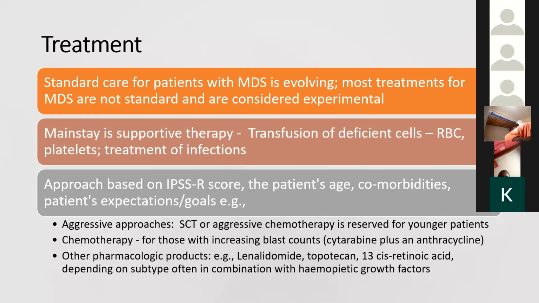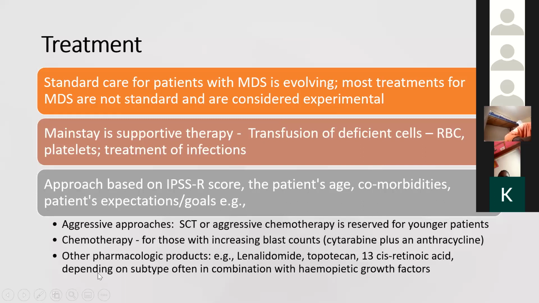And I have a family and I want to live life to my fullest. Give me whatever you can offer, okay? So aggressive approaches like stem cell transplant or aggressive chemotherapy would be therefore reserved for those younger patients.